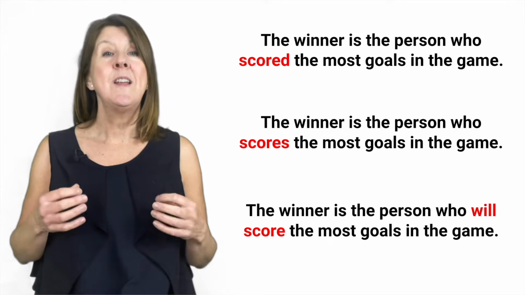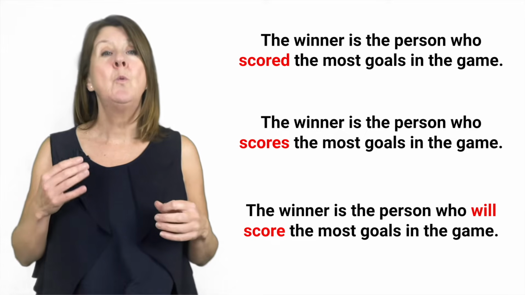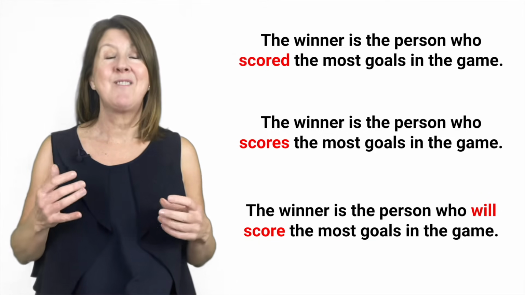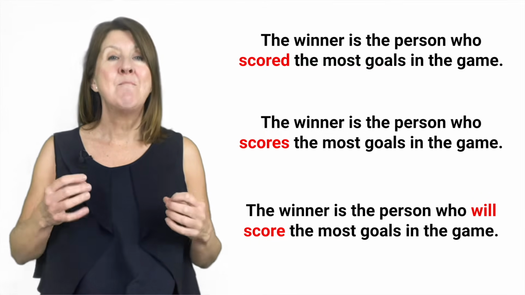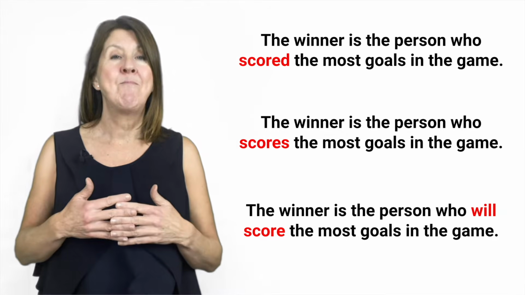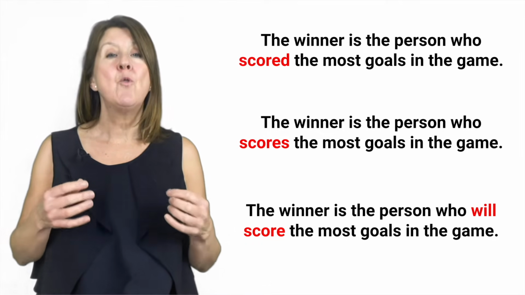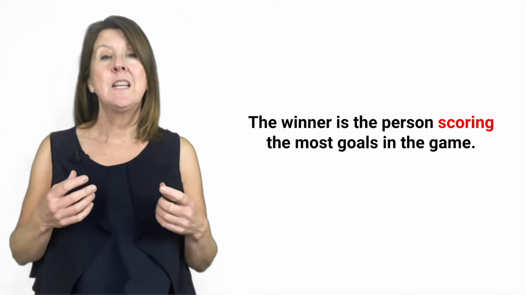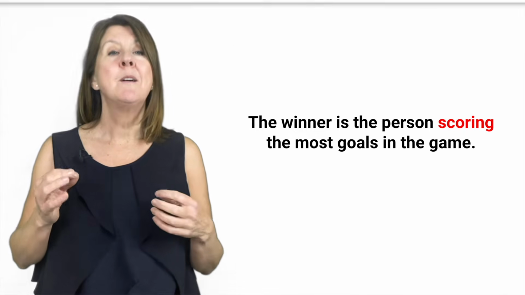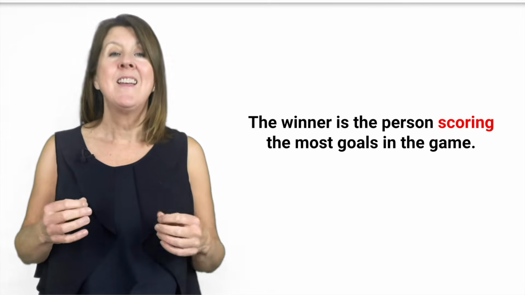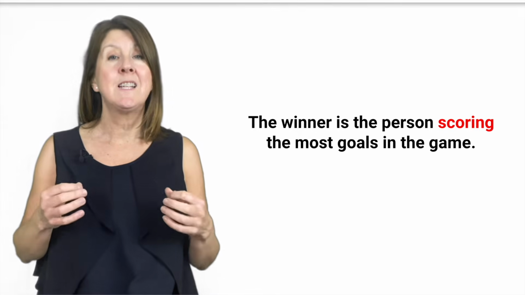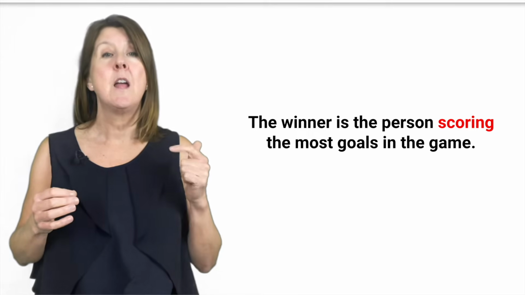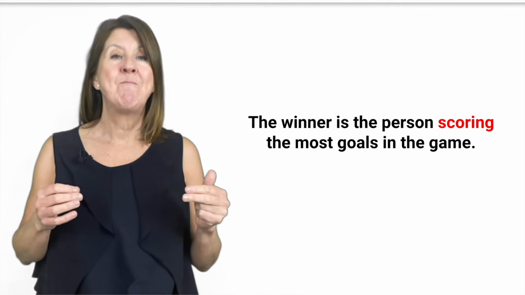And the winner is the person who will score, here this refers to the future, the most goals in the game. Instead of all these different tenses, we can say the winner is the person scoring the most goals in the game. This works for all three tenses and can refer to the past, present or future.